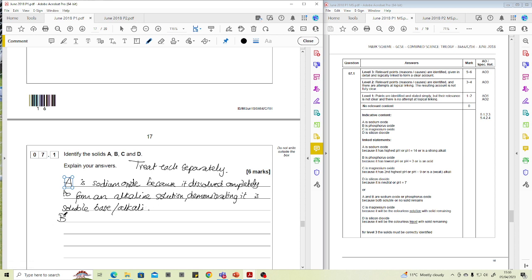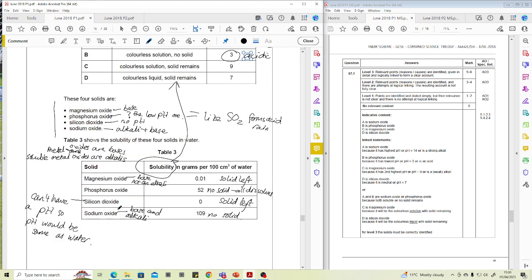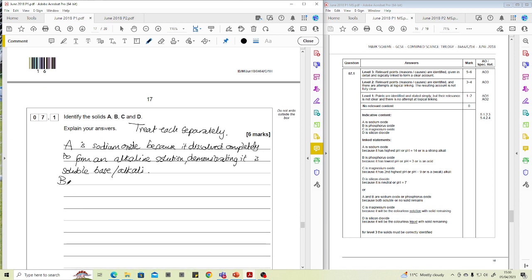Okay, B. Colourless solution, no solid, so it fully dissolved and it's an acid. So we're expecting it to be phosphorus oxide because it did dissolve, but it's not a base.